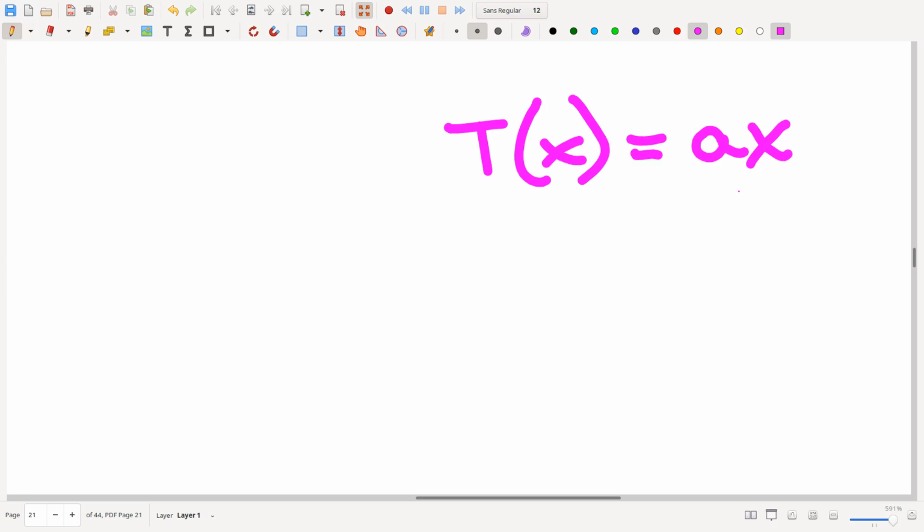And then what's the derivative? Well, dT is, of course, just a. So not that surprising. It's just that the way we think of a linear transformation being represented by a constant, in this case a scalar constant, kind of hides the fact that there are x's in here. And so taking the derivative gets rid of those x's, as it were.